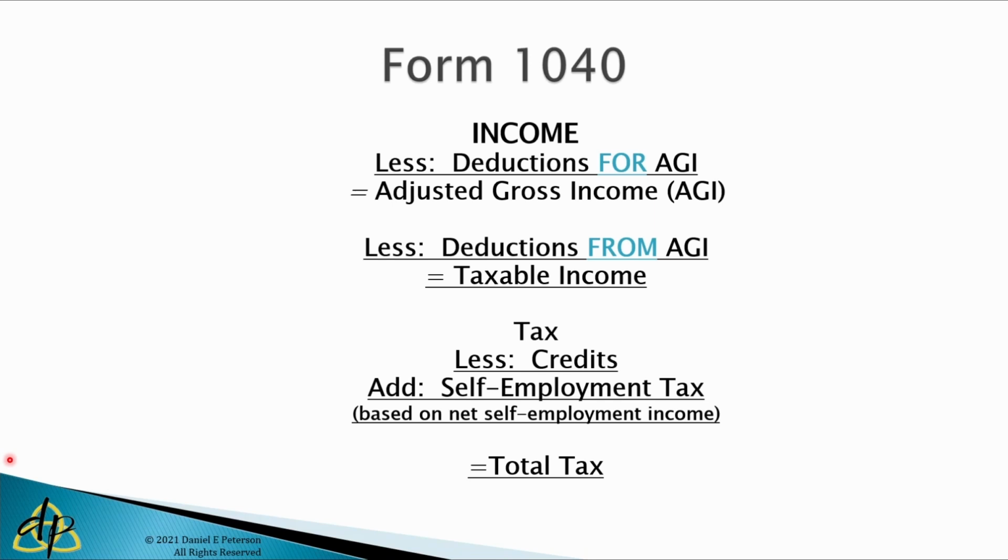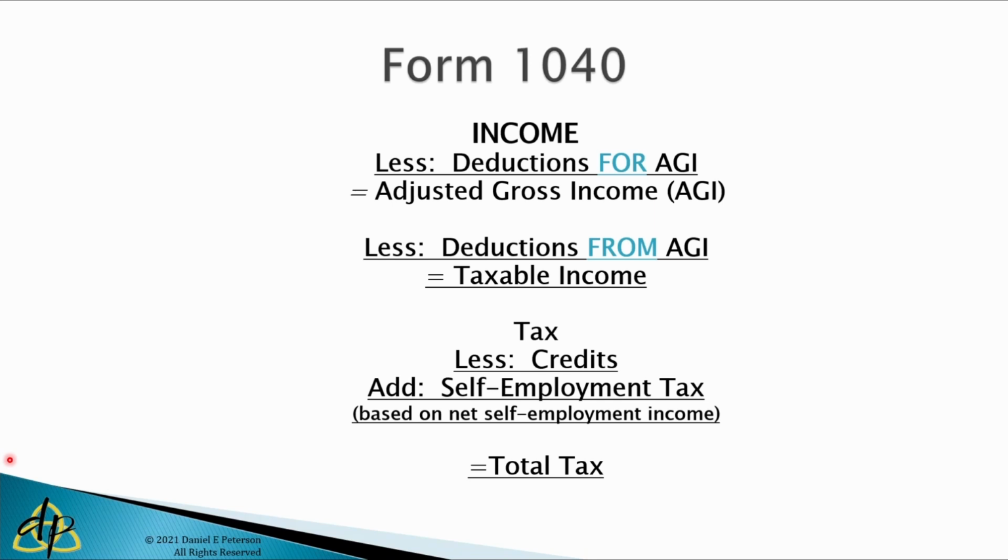So our sole proprietors, our partnerships, and our S corporations will all end up flowing through your individual Form 1040, each of them on a different form, but the income or loss from those entities will flow through on your individual tax returns. So we start with the concept on the individual tax return. We have income, our gross income, after our business deductions. So this will be our total income for individual income tax purposes.